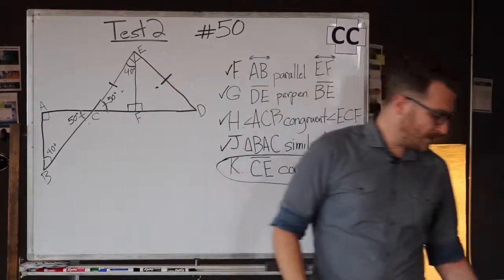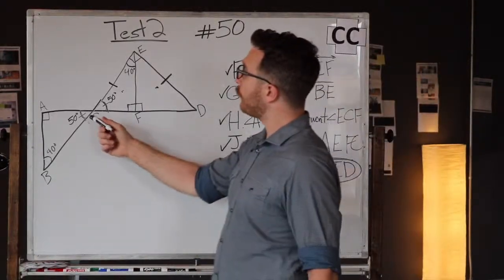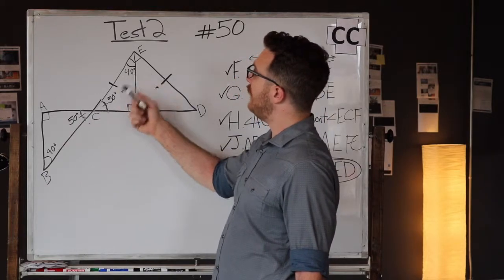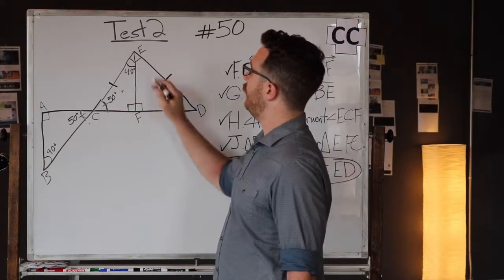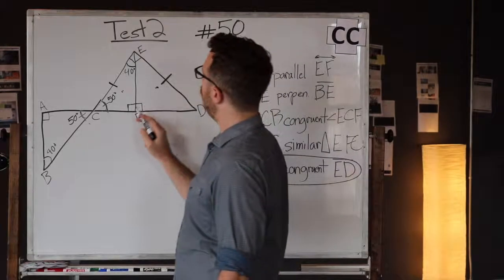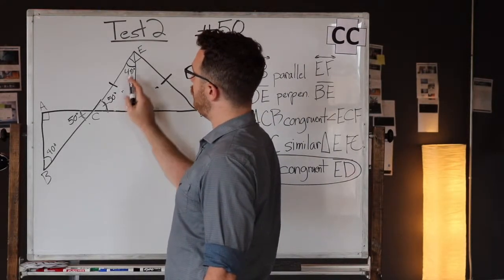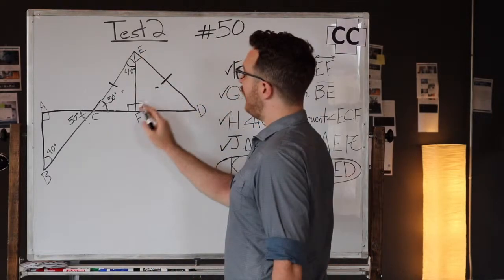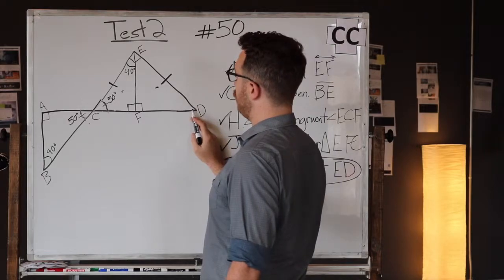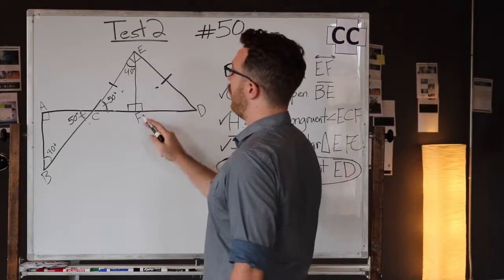I think the easiest way to do this is when we have proven angles that are the same, I continue to fill in all the angles I could between these 3 triangles. So if I look at this one right here, I have 90, 50, and 40. And on EFD, I have 90.